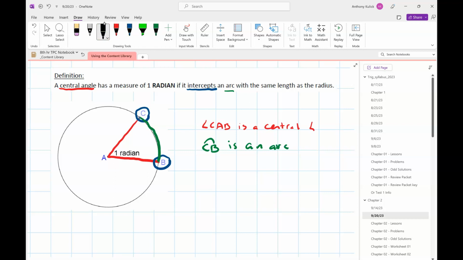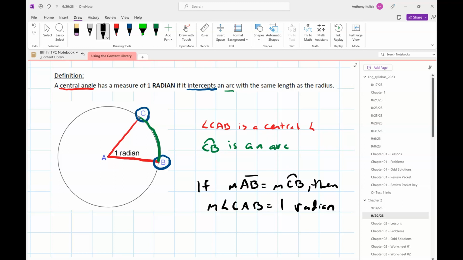Does everybody feel okay there from a vocabulary standpoint? So what we're saying is that if the radius, so there's two radii that are written, either AB or AC, if we can say the measure of AB is equal to the measure of the arc CB, then the measure of angle CAB is 1 radian.